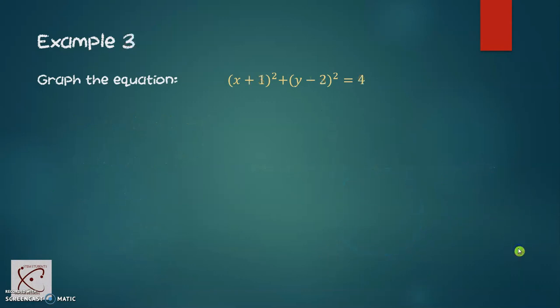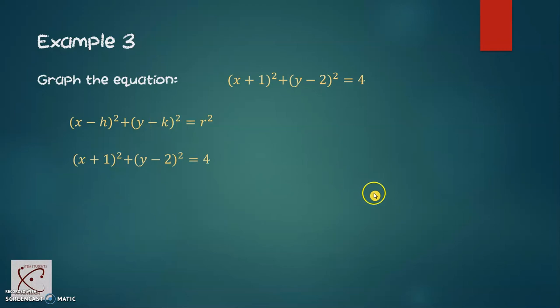Then, for example number 3, graph the equation quantity x plus 1 squared plus quantity y minus 2 squared is equal to 4. Our equation is still in the form quantity x minus h squared plus quantity y minus k squared is equal to r squared.